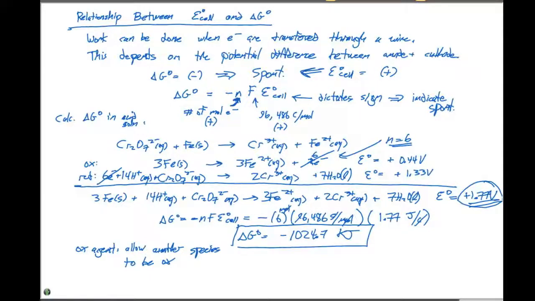On the flip side, a reducing agent will allow another species to be reduced. Because as I kind of hinted at earlier, you cannot have oxidation occur without having a reduction reaction happen simultaneously. So we have to have simultaneous oxidation and reduction.